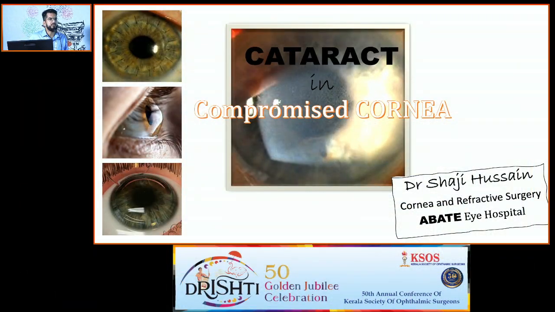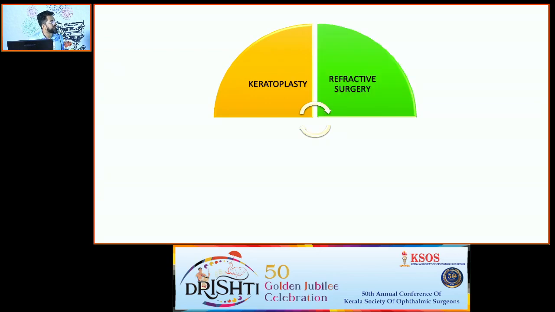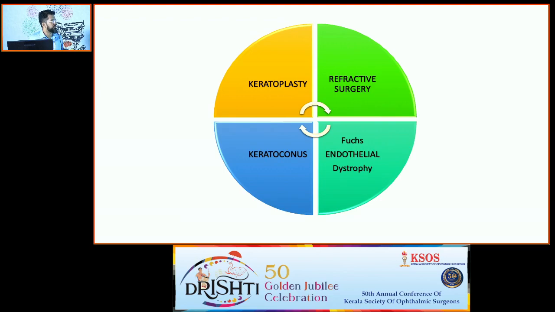Good morning, everyone. As you can see, the topic is about how to go about cataract surgery if you have a compromised cornea. To begin with, the four main situations wherein you have a compromised cornea before cataract surgery, most of us would be facing a keratoplasty patient, a patient who has already undergone refractive surgery, or one who has Fuchs endothelial dystrophy or keratoconus.